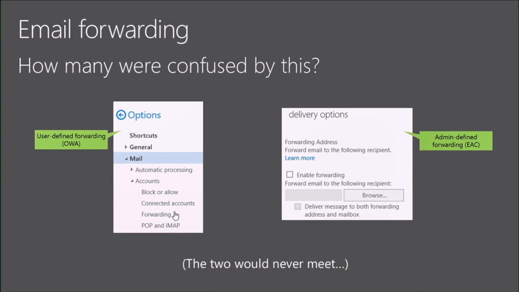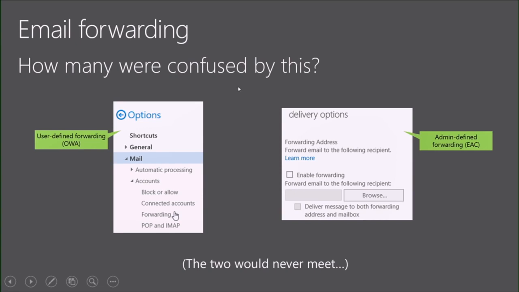The funny thing about these two settings is they would never meet. You could have forwarding in two different places, and people wouldn't necessarily know. What was kind of crazy is that this particular checkbox, deliver messages to both forwarding and email address, was shared between both. So anyway, it was very confusing.